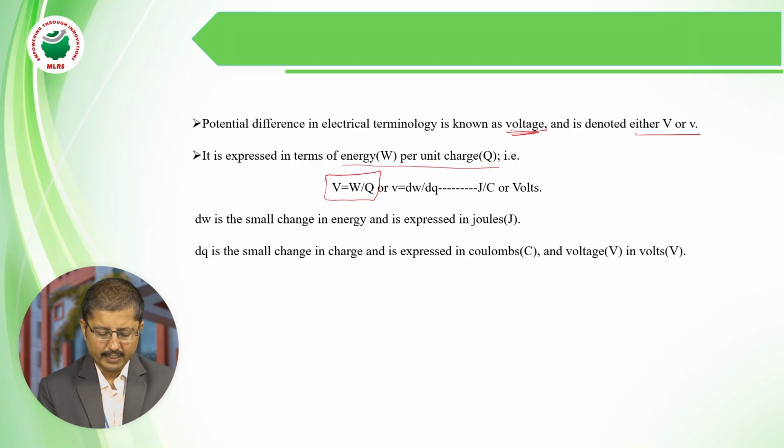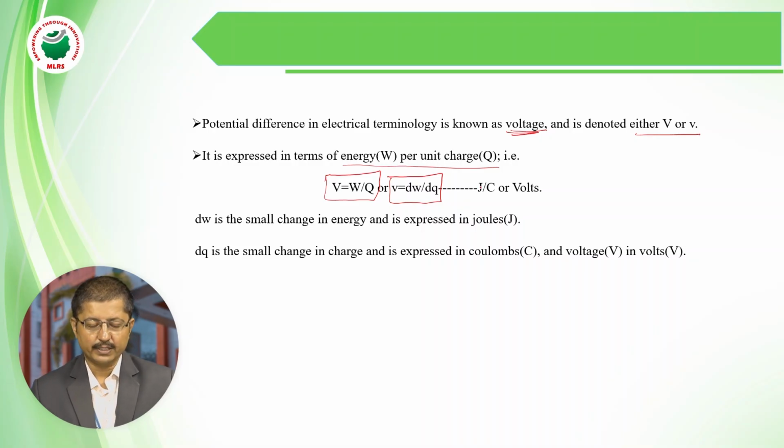In another way, V is equal to dW divided by dQ, where W is the energy and Q is the charge. The unit for energy is joules and the unit for charge is coulombs, so joules per coulomb, or volts.